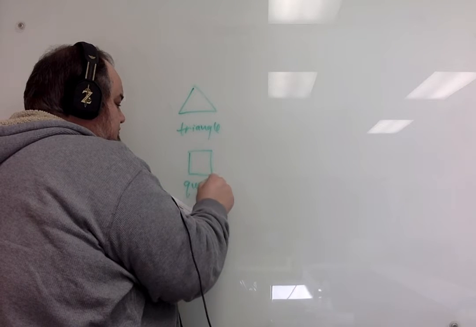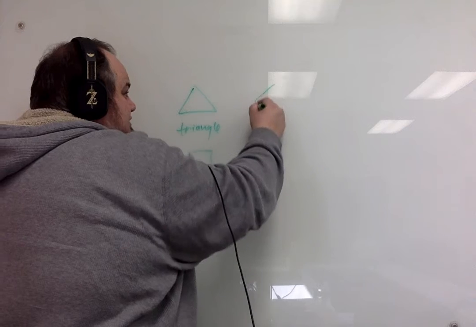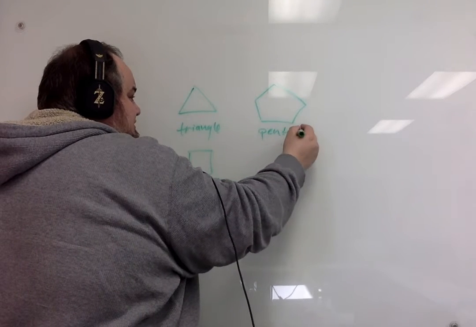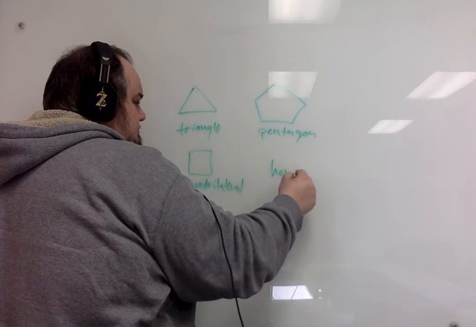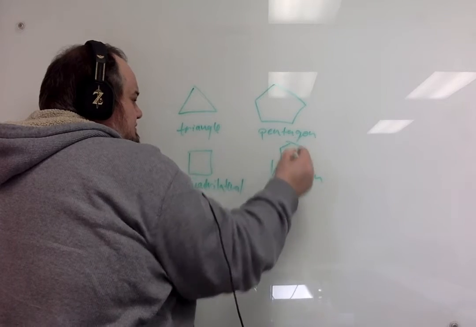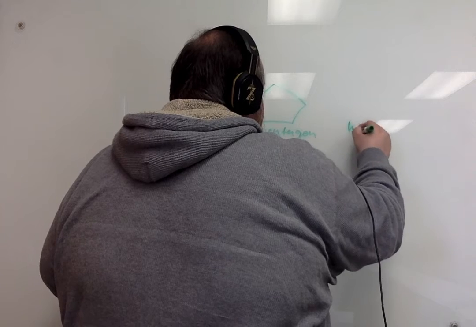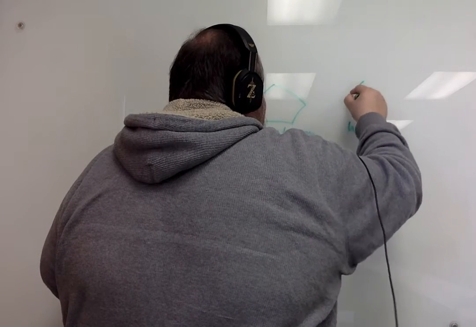And then we have a pentagon. A pentagon has 5, because penta means 5, the prefix. We have a hexagon. Hexagon has 6 sides. And then we have a heptagon. A heptagon has 7.